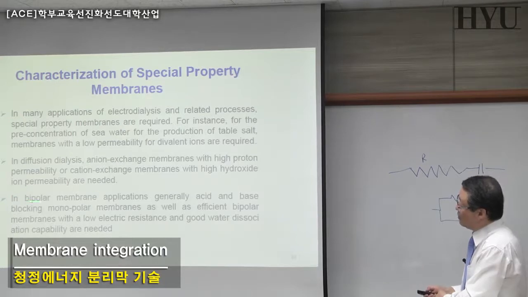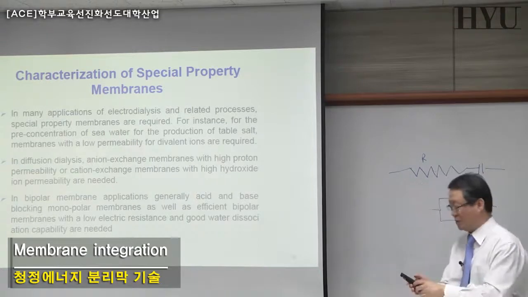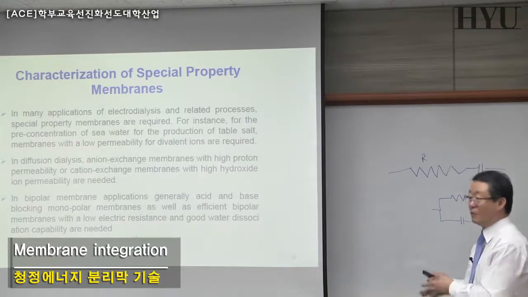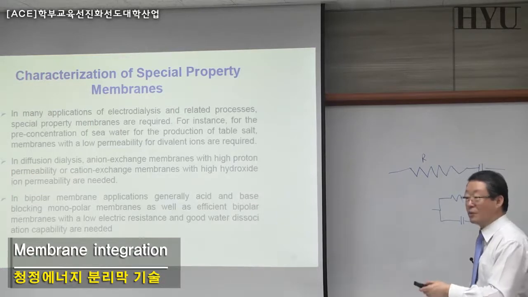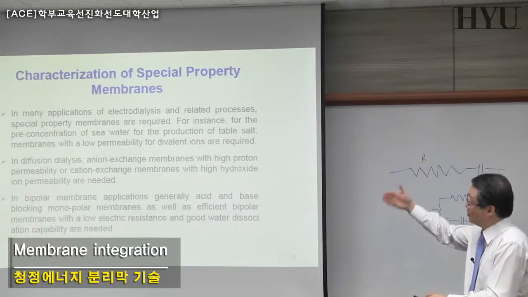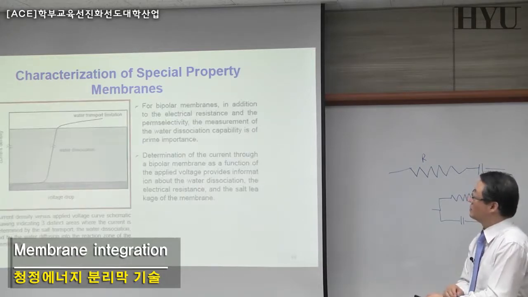In the case of bipolar membrane application, a bipolar membrane is one that has both charges in the membrane; usually the acid group and basic group are present. Then you have to measure different properties. I don't think this is the topic that we will cover at this time, but in order to have a specific property of the electrolyte membrane, you have to look for specific applications.